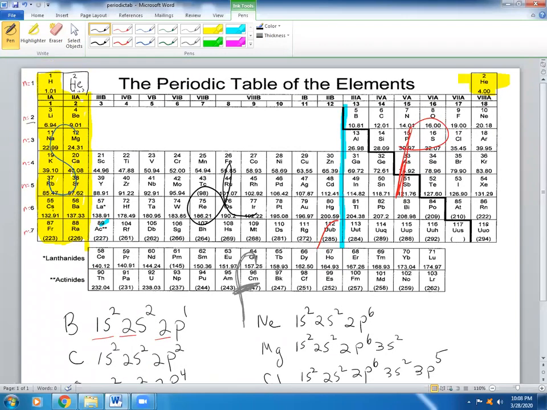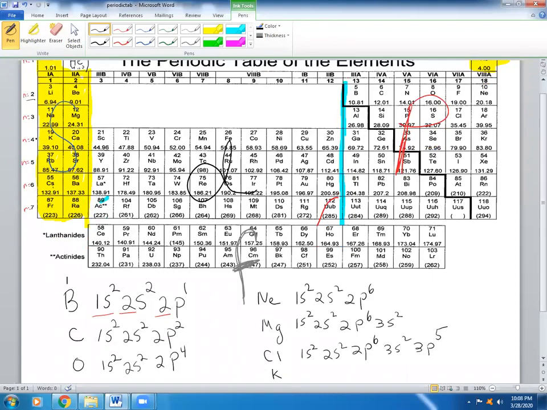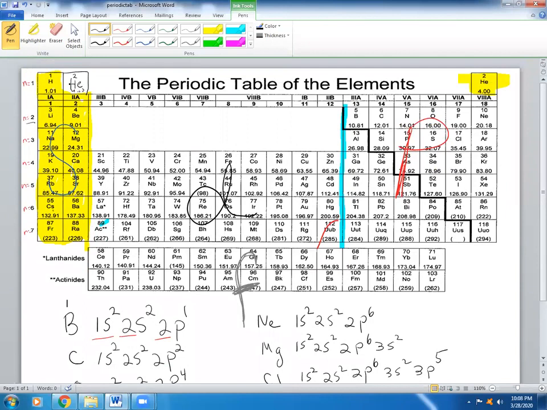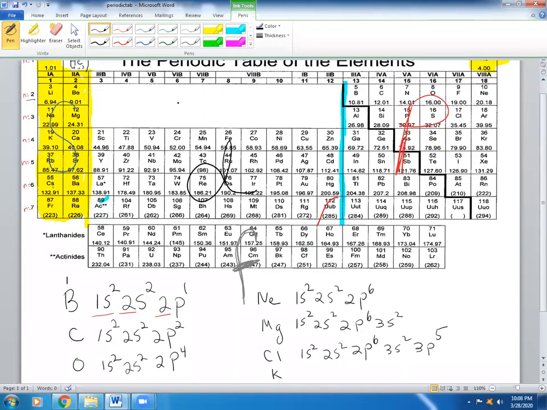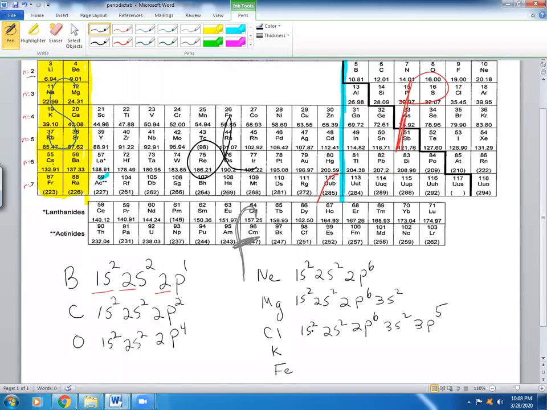K is right here. So it's 1s2, 2s2, 2p6, building up principle, or build up principle.